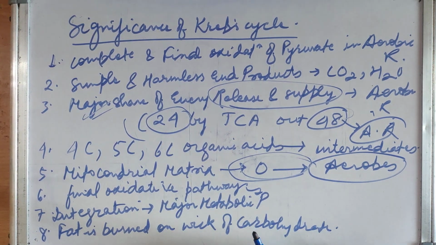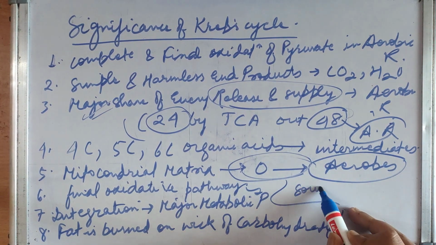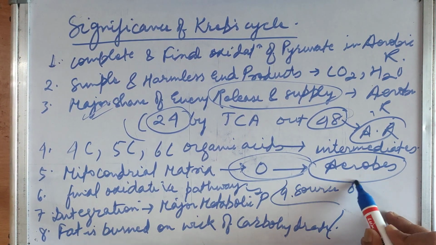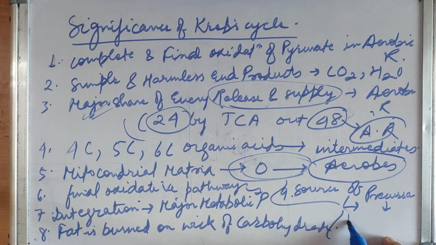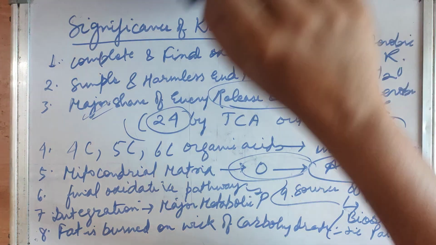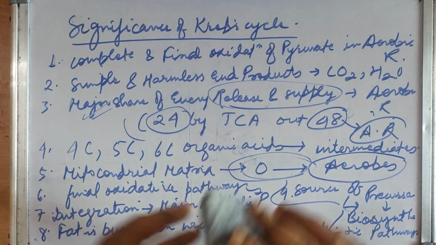Number 9, it acts as a source of precursors of biosynthetic pathways. So this was the significance of the Krebs cycle.